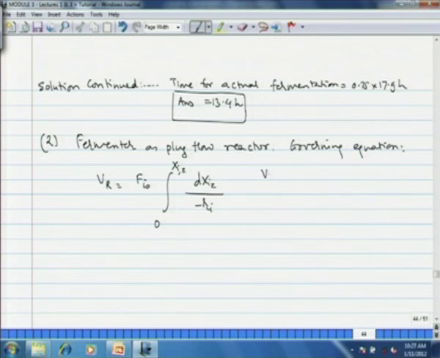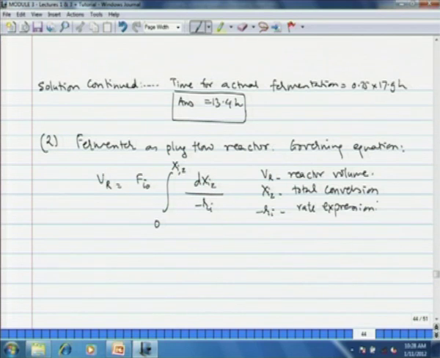Now, notations: VR is the reactor volume, Xiz is the conversion, total conversion obtained, minus Ri is the rate expression, and Fi naught is the volumetric flow rate of the reactant.